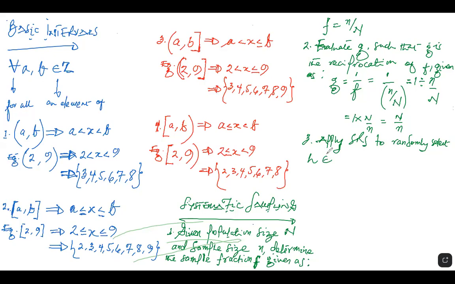We are selecting H in such a way that H belongs to the interval 1 to G. Apply SRS to randomly select some H such that H is an element of, or is within, the interval 1 to G. All right, step 4.